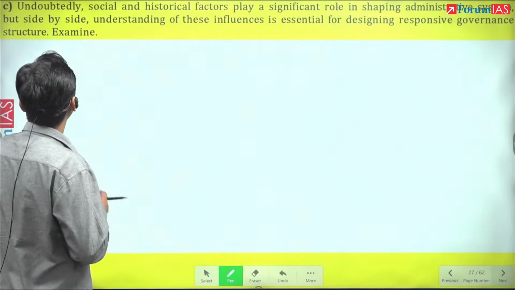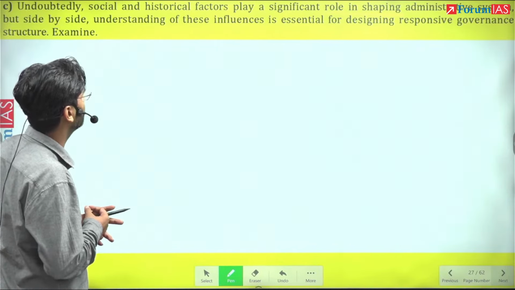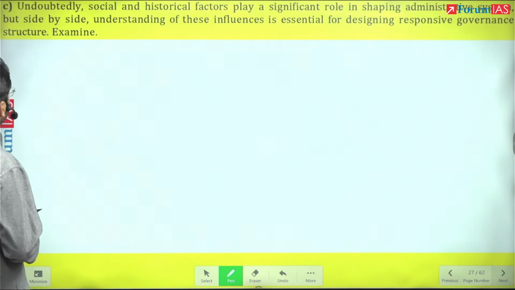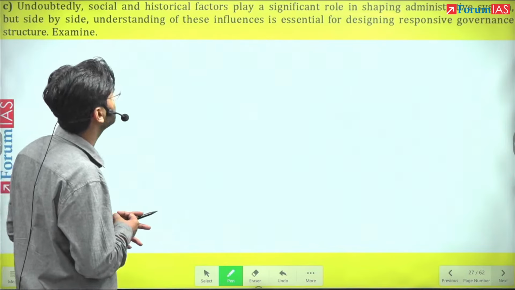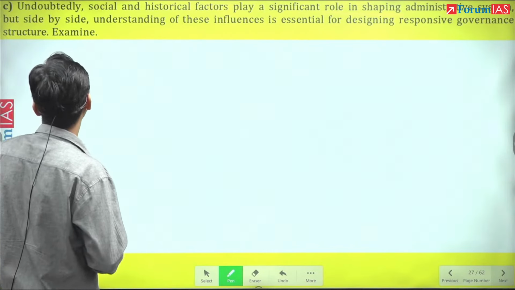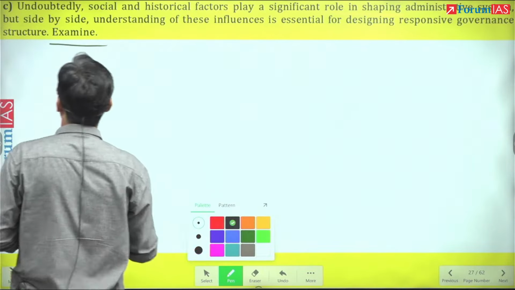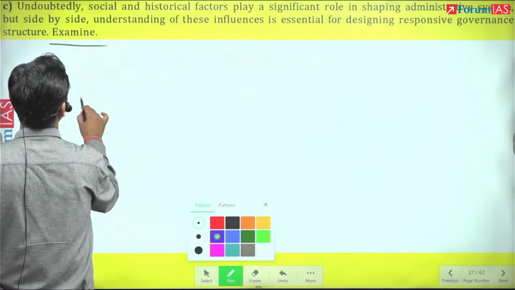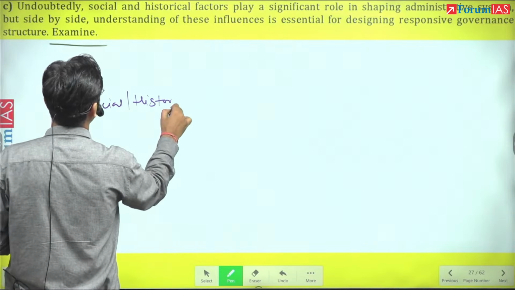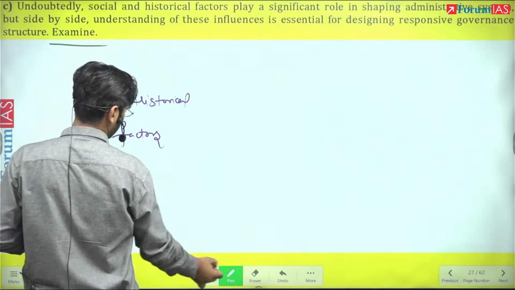Question number C. Undoubtedly, social and historical factors play a significant role in shaping the administrative system, but side by side understanding of these influences is essential for designing a responsive governance structure. Examine. Okay, very good question. Social and historical factors. Right?